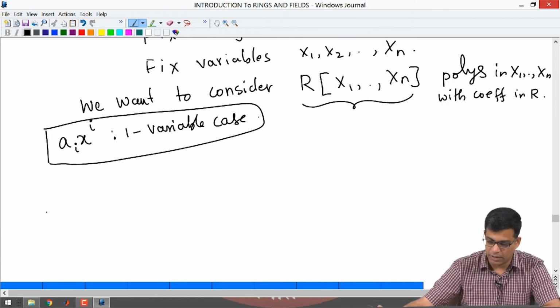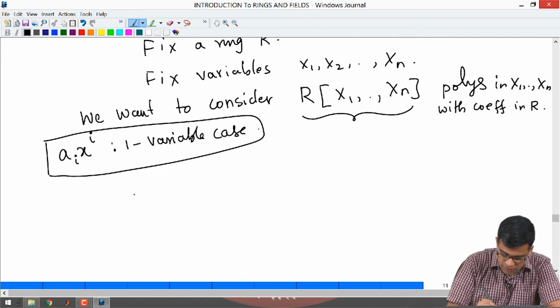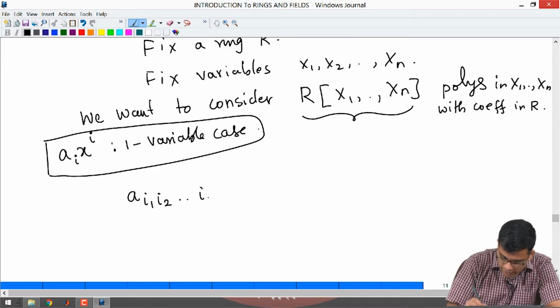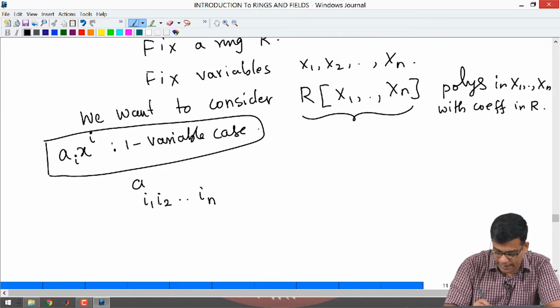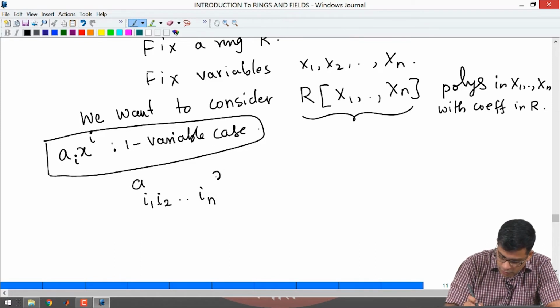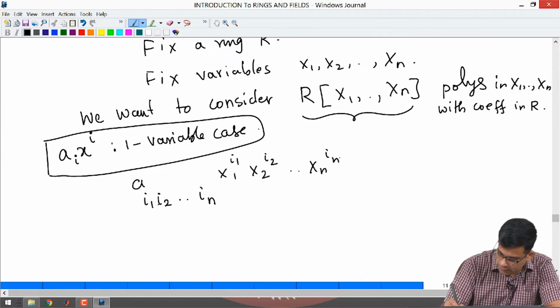Here multivariable polynomial will be made up of terms like this. So, you will have a with subscripts I1, I2, In, with these n indices, and the variables will be x1 to the I1, x2 to the I2, xn to the In.